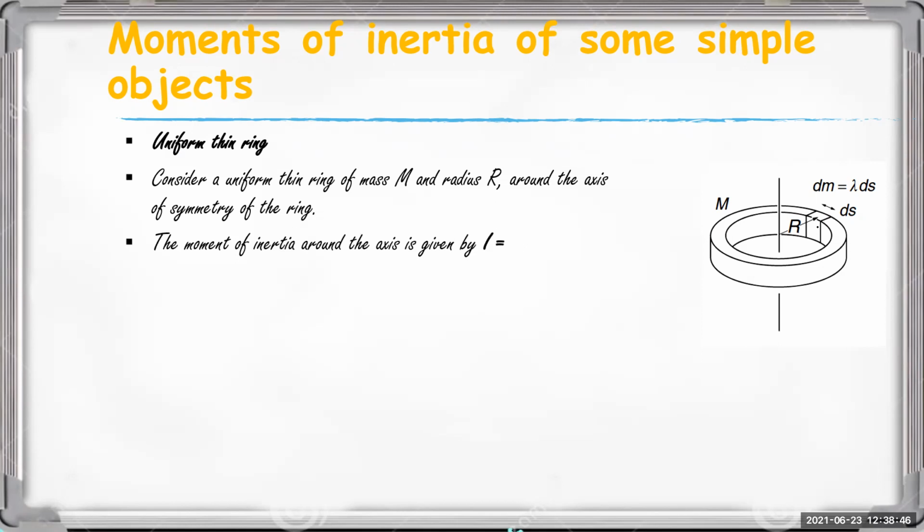Here we know that the moment of inertia around the axis given in the figure must be equal to what? We know that the general expression is integral rho square dm.